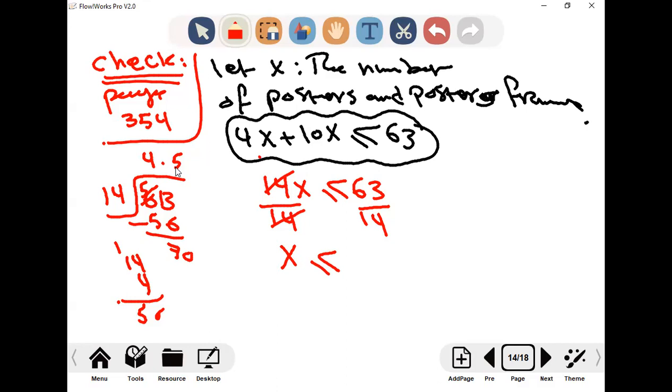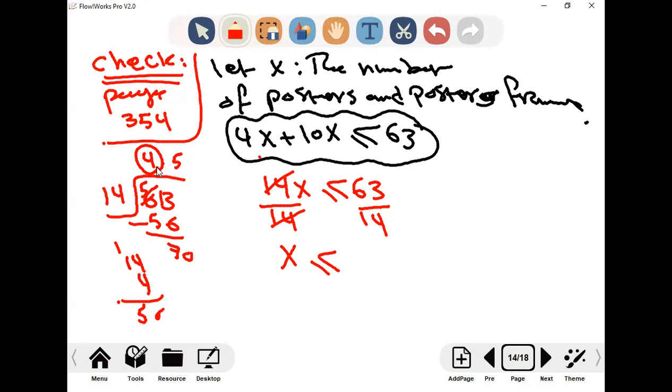If you go to the shop owner and tell him, I want half of a poster. Can we buy half of a chair? Half of a door? You cannot. So what's the greatest number he can buy? 4. Got it? You cannot buy 5. Why?